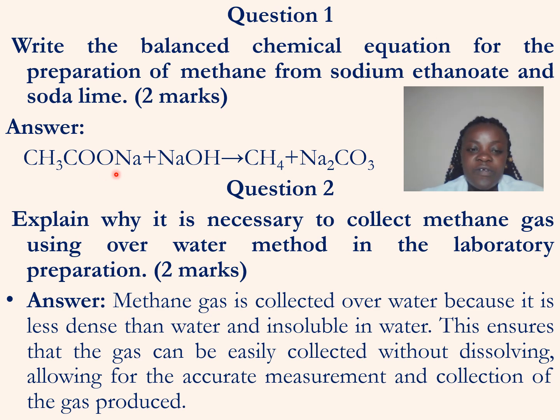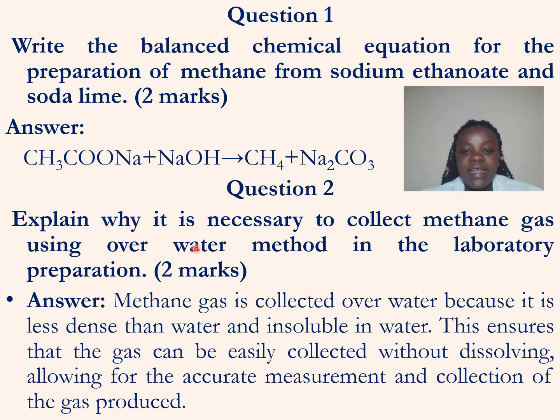If it is for propanoate, it is 3 carbon atoms. So it will be CH3CH2COO and then the sodium. So this is the chemical equation for the reaction between sodium ethanoate and soda lime.